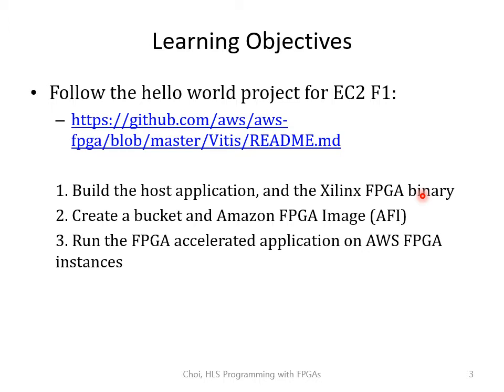Then we're going to learn how to create a bucket, which is Amazon's cloud storage service, and also learn how to create an Amazon FPGA image or AFI. Finally, we're going to run the FPGA accelerated application on AWS FPGA instance. Feel free to follow the link and see more details about this project.